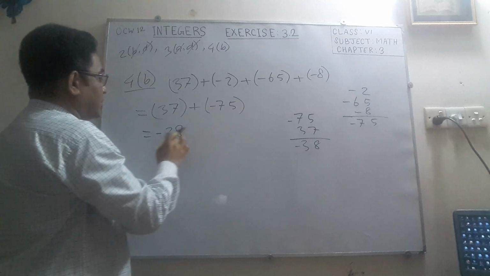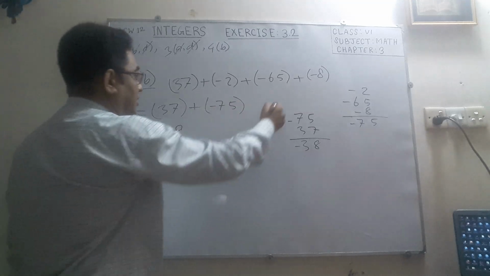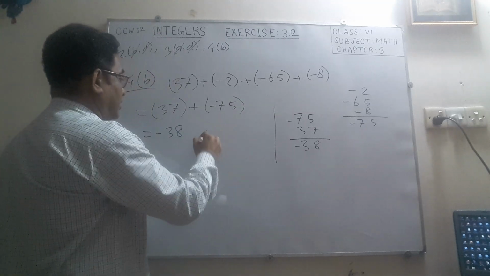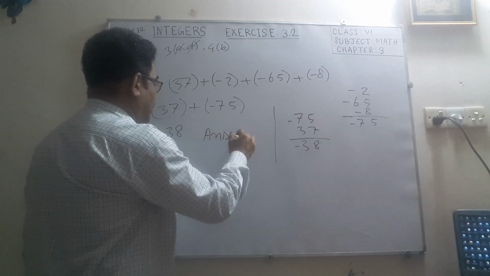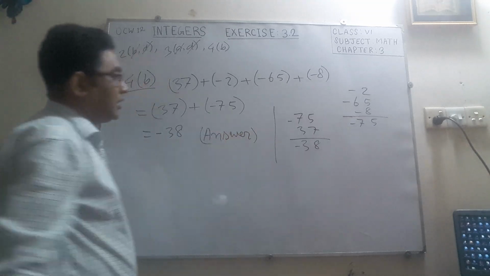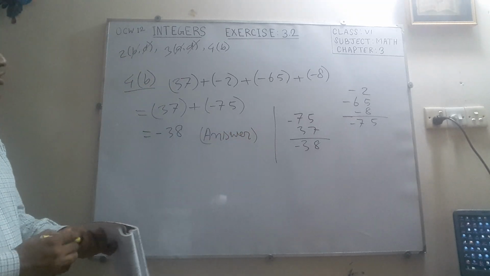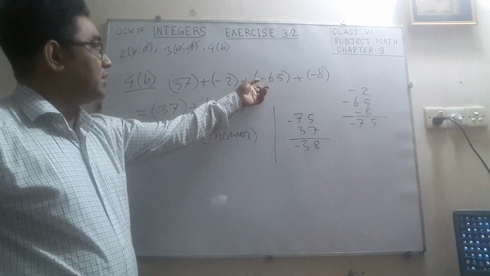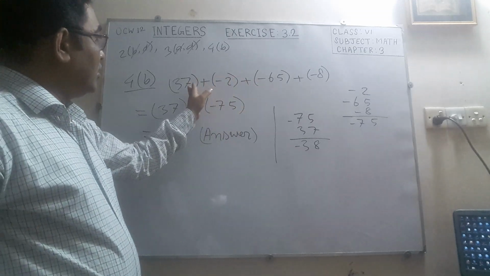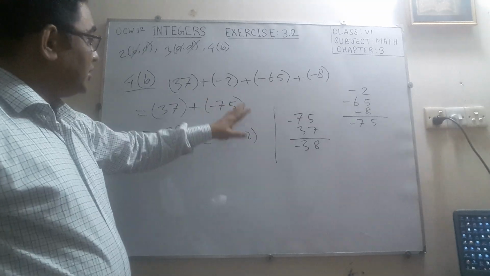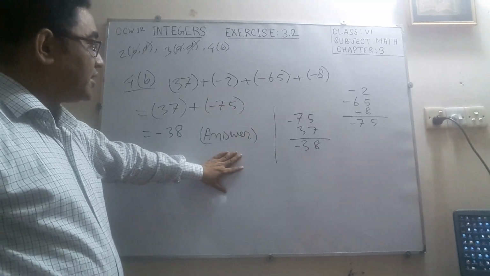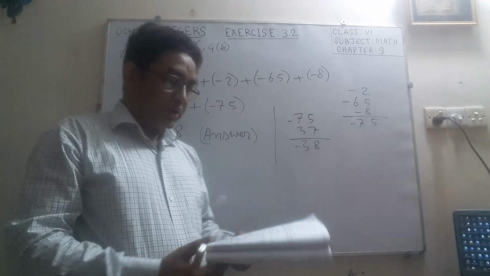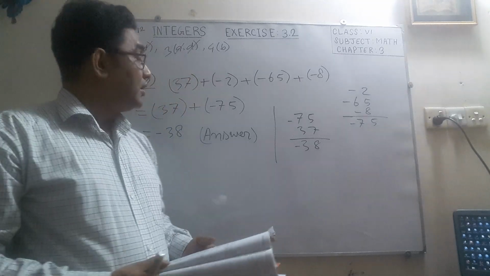Sum of this is equal to minus 38. So this would be the answer for this. So students, like this we can add numbers, all integers. These are all integers. We can add the integers and we can solve the problems.